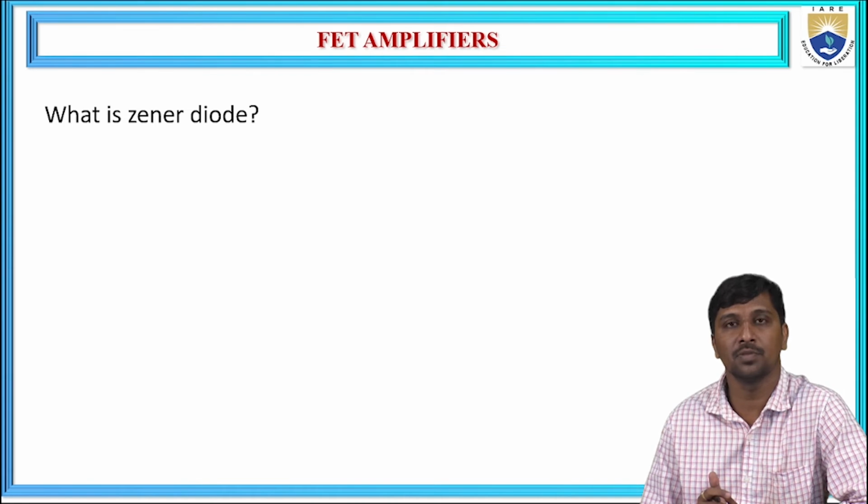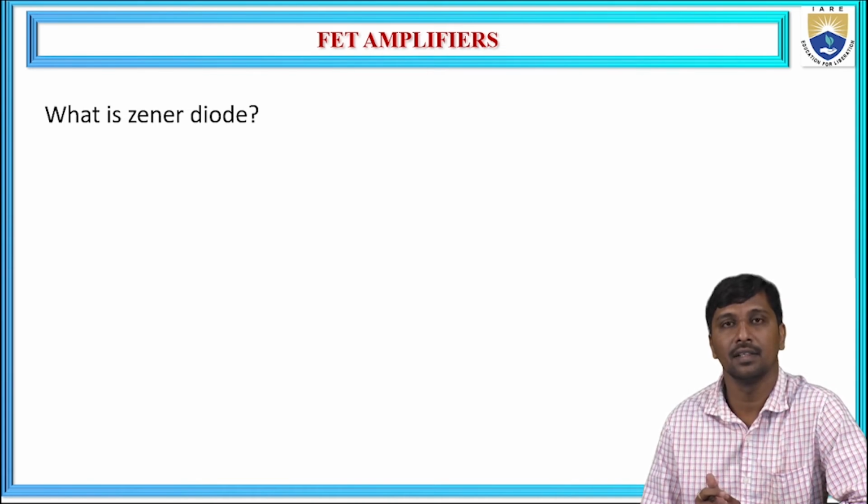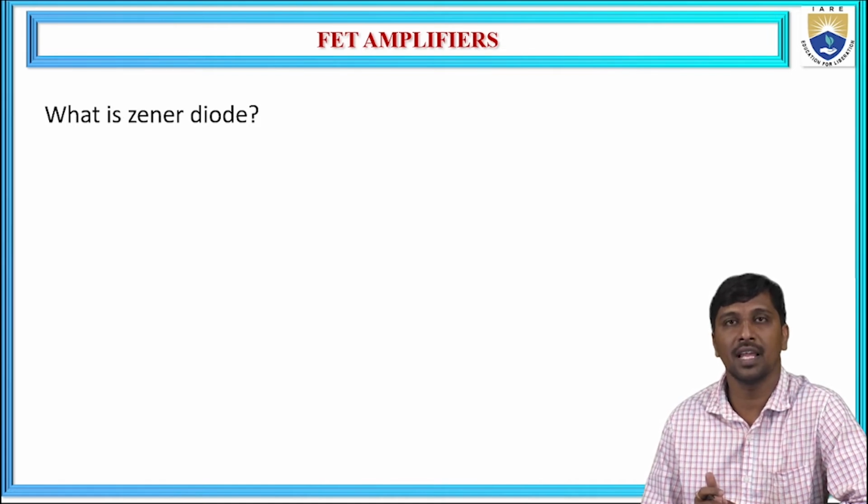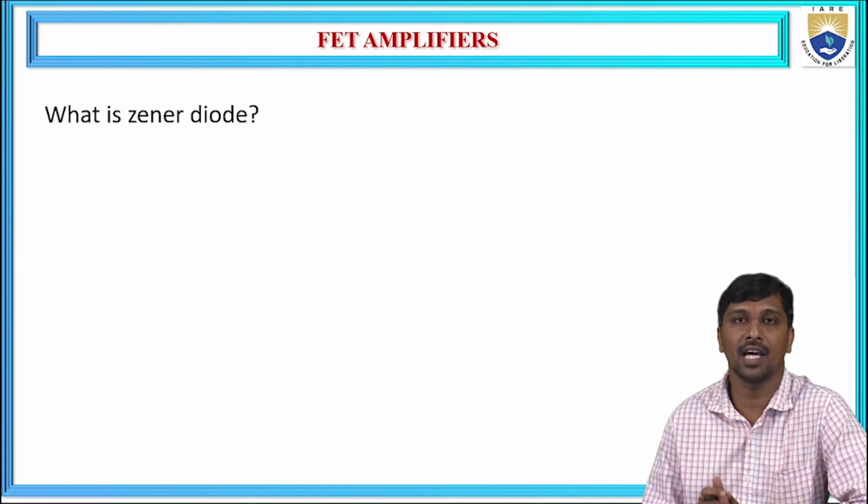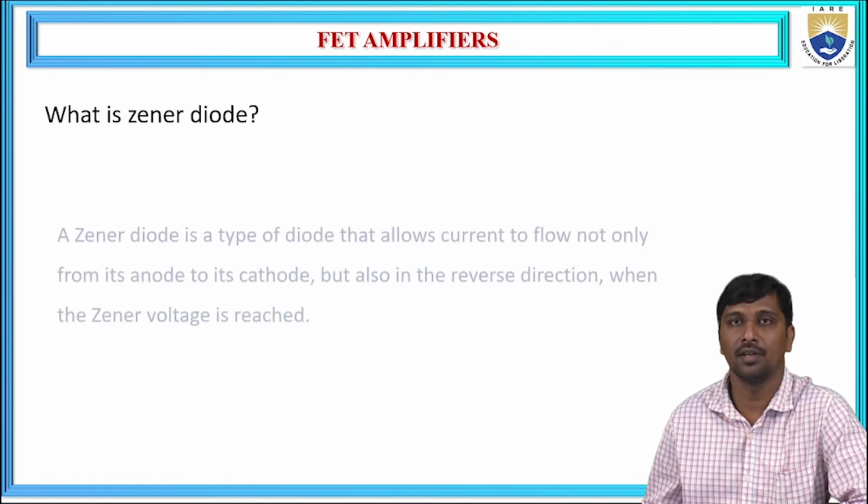Whenever we apply a reverse voltage, the PN junction diode acts as a non-conducting device. Hence, to utilize the diode in reverse bias also, a heavily doped material compared with a normal PN junction diode was designed, which is called a zener diode.